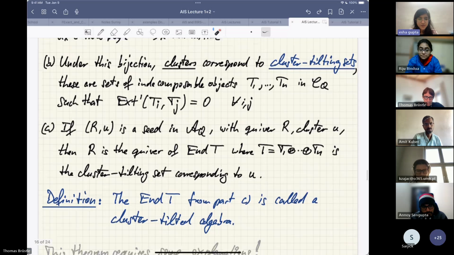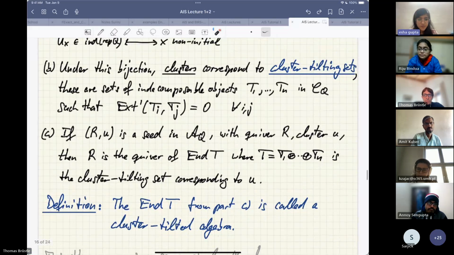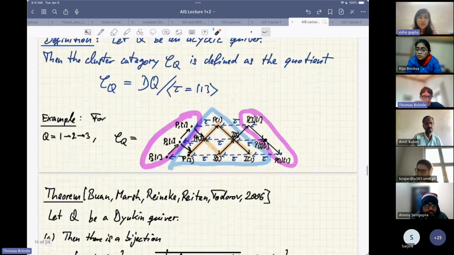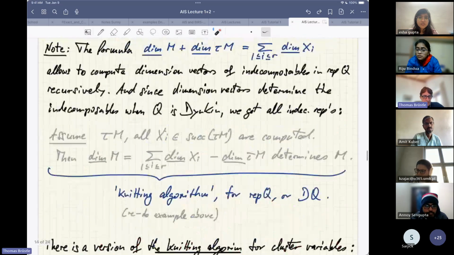Sorry to interrupt you, Thomas. Before you go forward, you said that the knitting process works for all acyclic quivers. For example, for Kronecker, you can't embed the module category into the repetitive quiver, right? Hubble's theorem here fails.